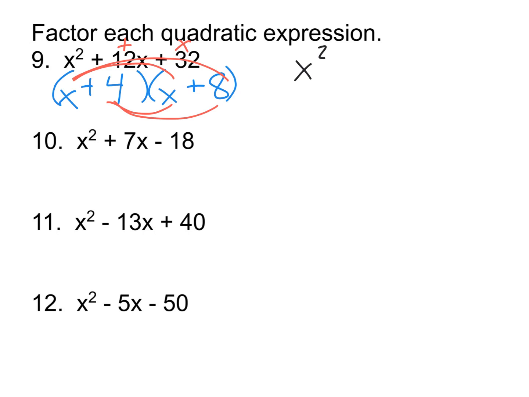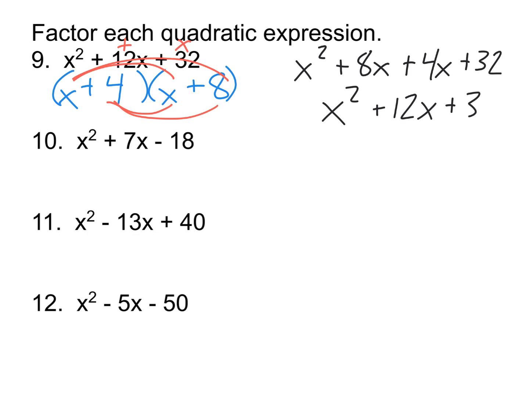Then x times 8 is 8x. 4 times x is 4x. And 4 times 8 is 32. Notice I can combine like terms: x squared plus 12x plus 32. That's what we started with. Yes, it is the same.